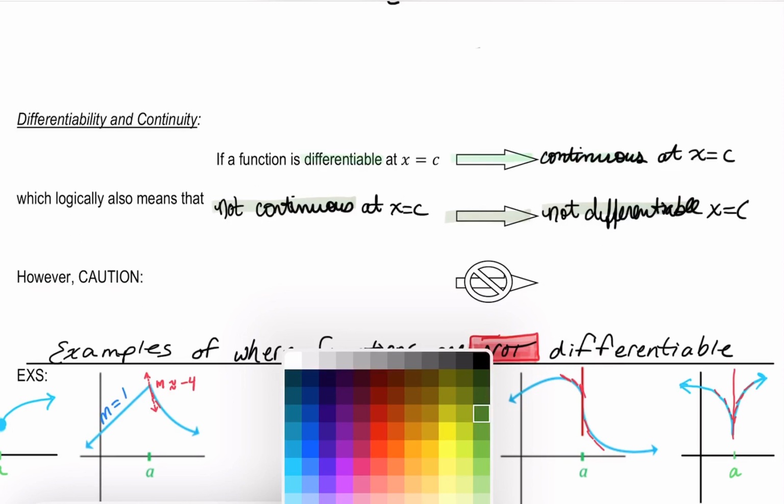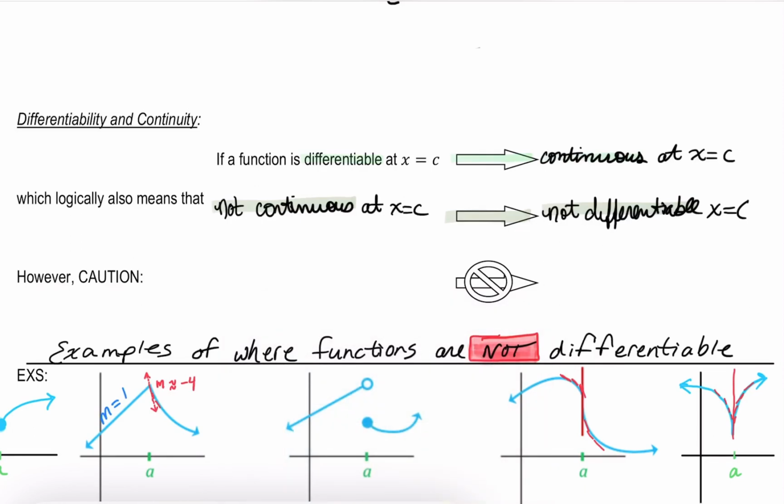The thing you have to be careful of here, this is your caution here, is that if you are continuous at x equals c, this does not imply that you are differentiable. And sometimes after that first statement that we have up above, people make that mistake.